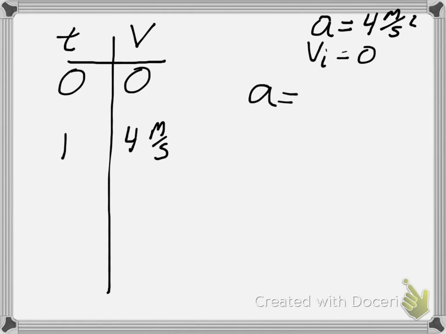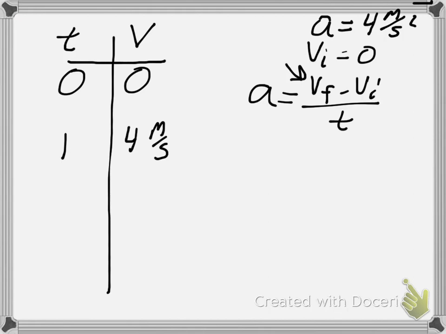Remember that acceleration is equal to Vf minus Vi over t. Okay, and so what we want to do is solve for the final velocity of an object if we know its initial velocity and its acceleration. And so we want to solve for Vf here.